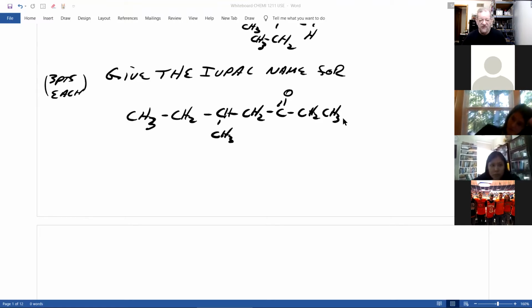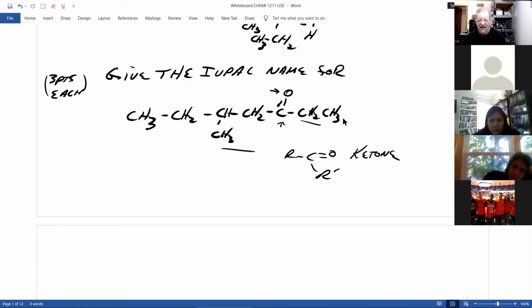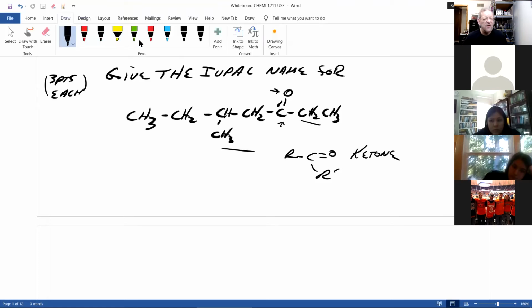What do we have that's different? Oxygen double bond to carbon. Carbon's here, carbon's on this side. It's a ketone. And how do you name a ketone? Find the longest chain with a carbonyl carbon in it.